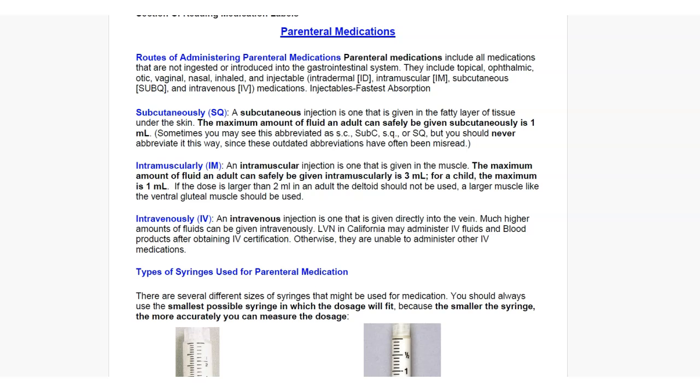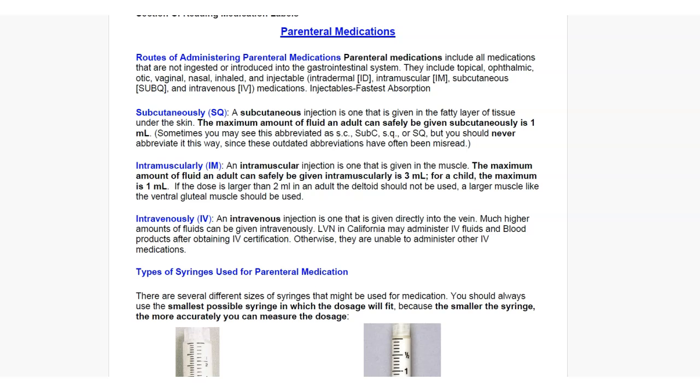Parenteral medication. As you know from earlier discussion, parenteral medication is basically a route of administration wherein we bypass the GI tract. Routes of administering parenteral medication include all medications that are not ingested or introduced into the GI system.